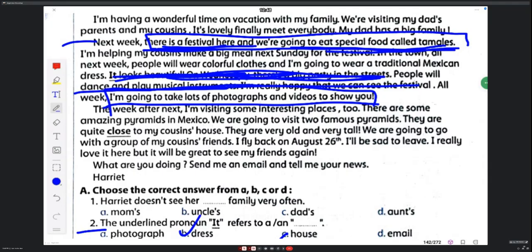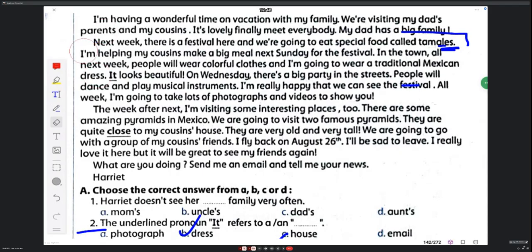I'm going to send you photos and videos of the festival where we are going to eat special food called tamales in Mexico. I have to know it is in Mexico because I need to know everything to say in Mexico.